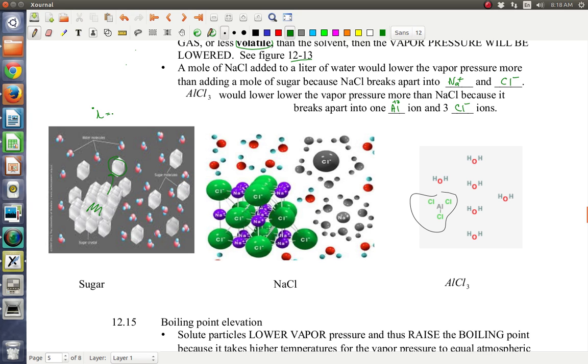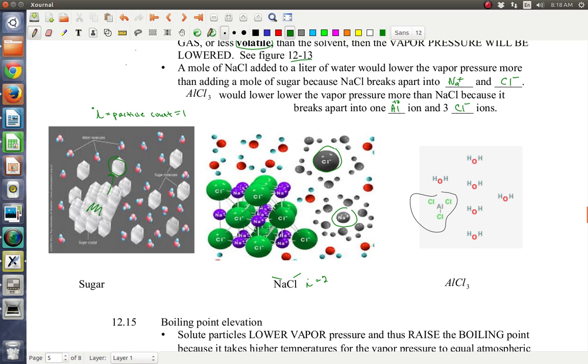The i represents particle count, or molecule count; we're just talking about how many pieces. Since sugar breaks apart into just one molecule, its i value, its particle count, would be 1. Sodium chloride breaks apart into the chlorine and sodium pieces, 2 spots, so its i value equals 2.